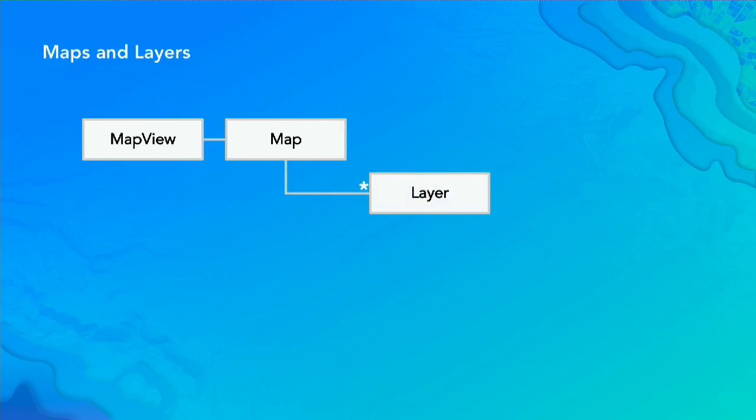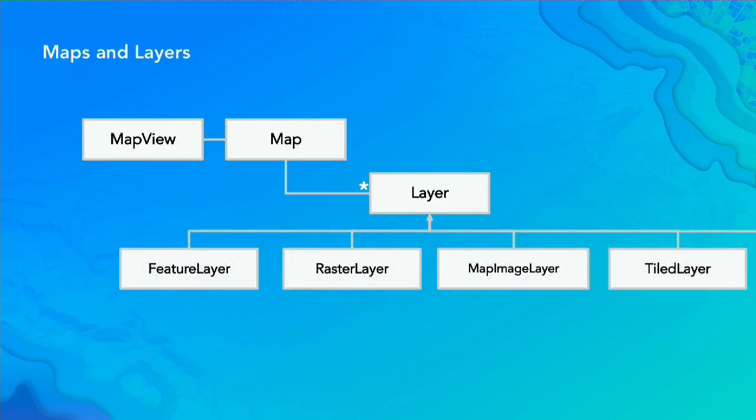Maps have layers, any number of layers. There's no restriction. There's lots of different types of layers. I've just shown a few of the common ones here, but there's many different layer types. And some of these layers have multiple subtypes, like the feature layer. There's actually various types of feature layer depending on where the features are coming from.